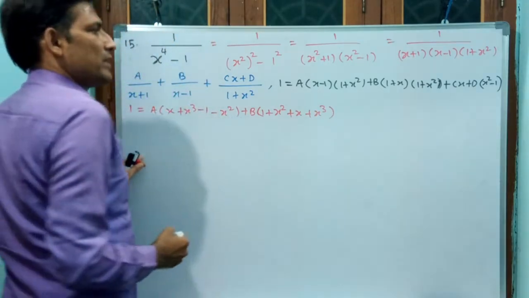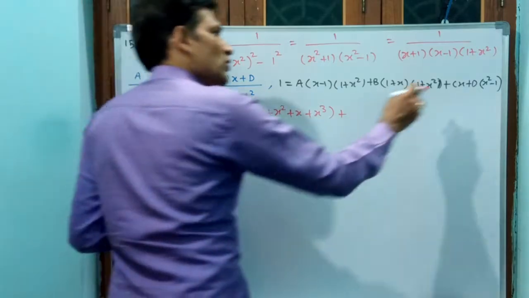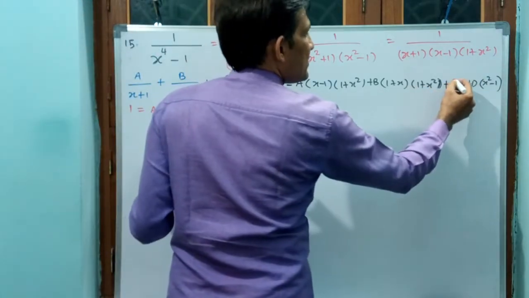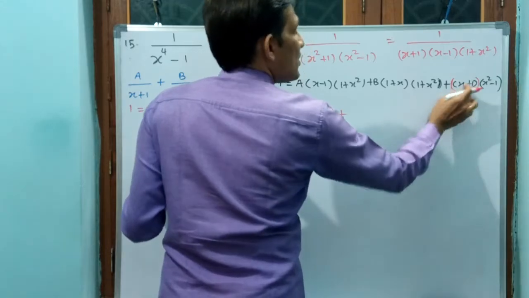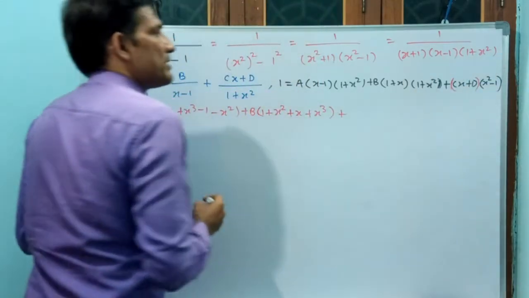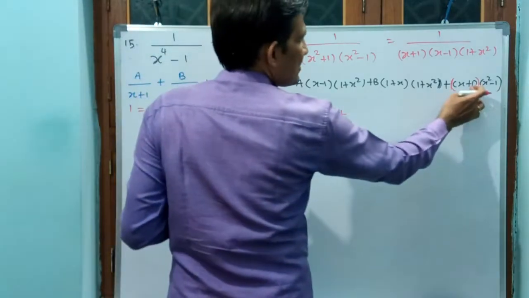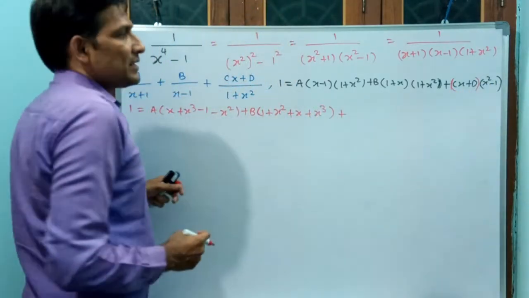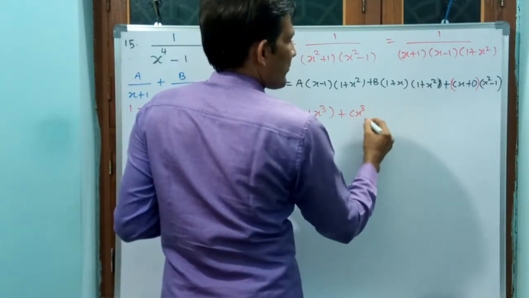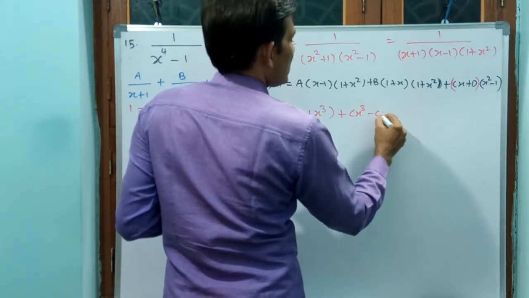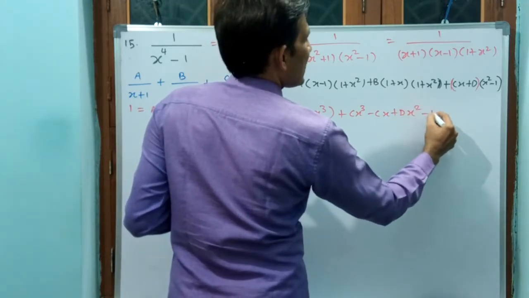Then plus Cx plus D, you have to multiply. Keep Cx plus D in brackets. I forgot the parenthesis. The entire Cx plus D is going to multiply with that one. Or else if you don't put the parenthesis, only D will multiply, which is not correct. Cx cube minus Cx plus Dx square minus D.